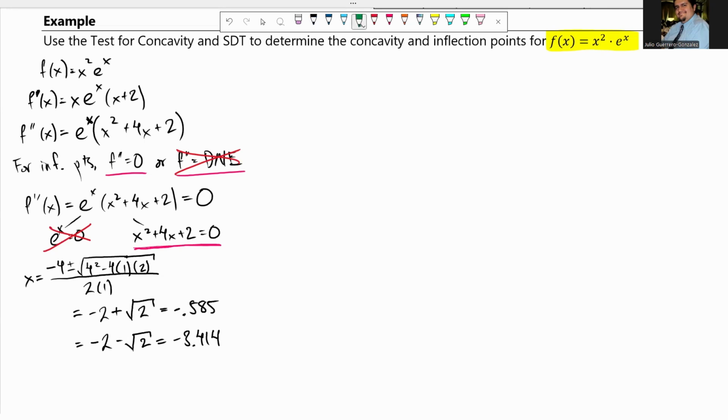So we have two inflection points, and they happen at those x values.